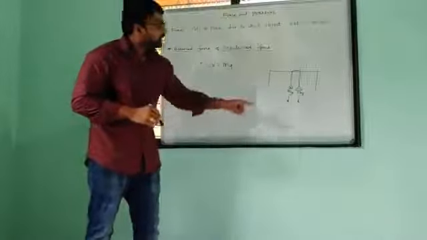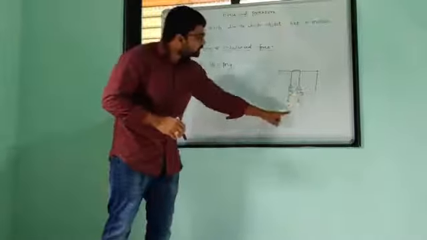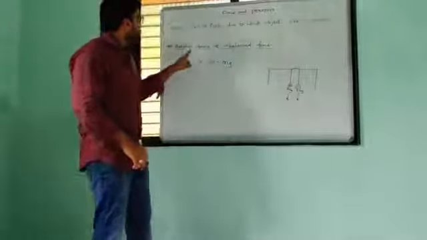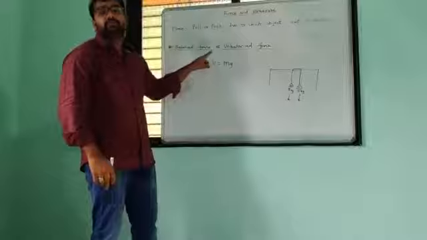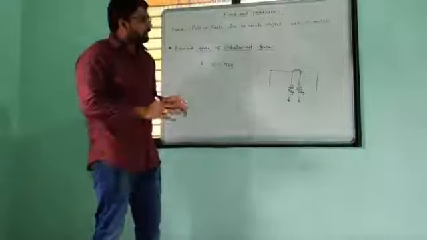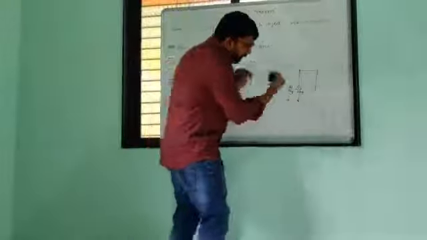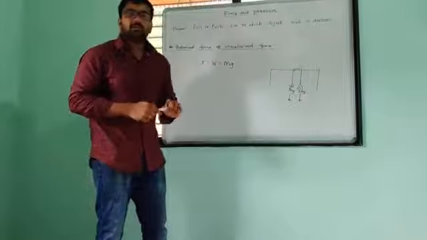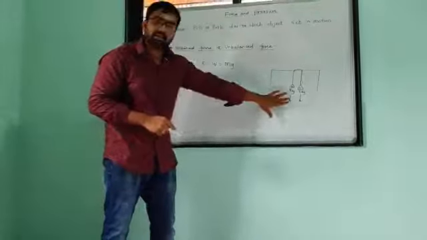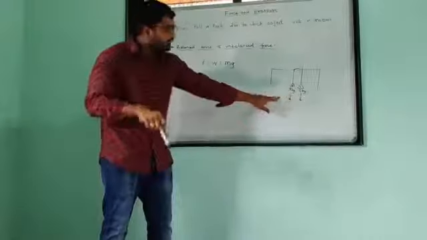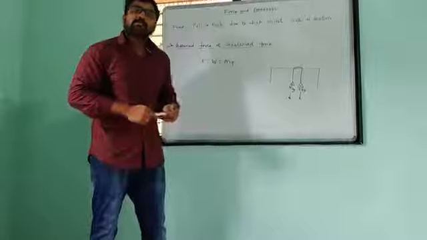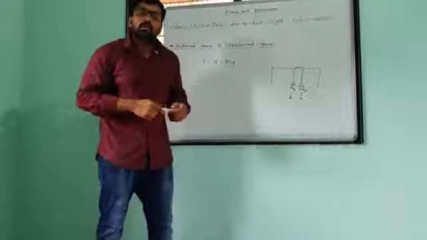And whatever the force at the downward side due to the earth's gravitational force, that force is nothing but the balanced force. So by the application of balanced force on this string, it is not possible to move this string. When we apply balanced forces, it is not possible to move an object.